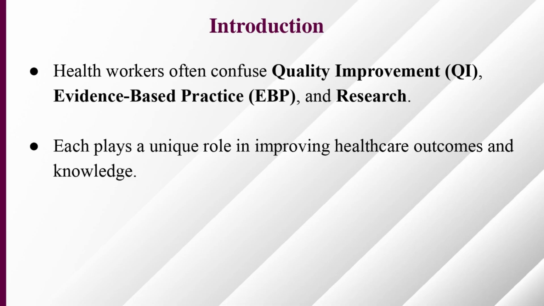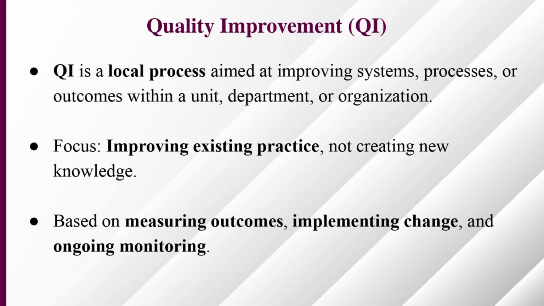So we start with the quality improvement. What is it? Often, if you hear people talking about QI, in most times they are referring to quality improvement. So quality improvement is a local process that is aimed at improving systems, processes, and outcomes within a unit, department, or an organization.